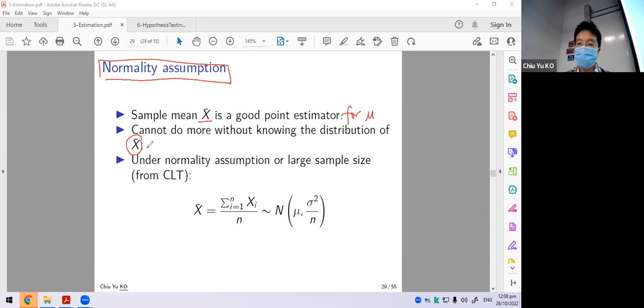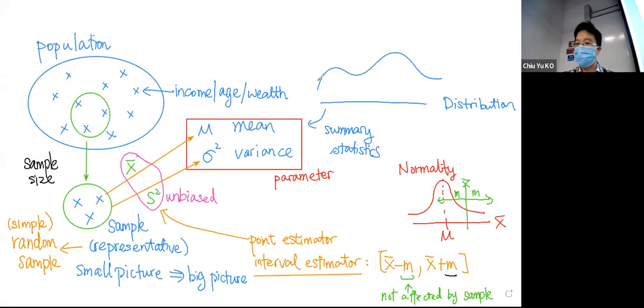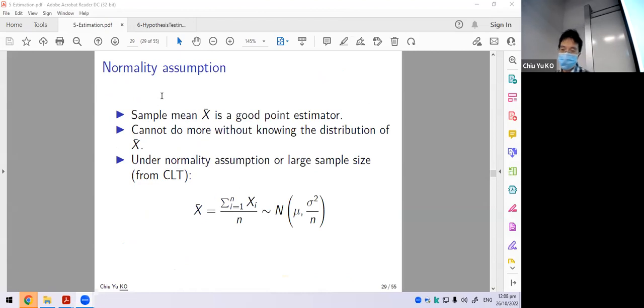That means we need to invoke either the normality assumption, which basically comes from the Bell. The underlying population is a Bell, right? Just to remind you, these guys are a Bell. If the original population is a Bell, then you will satisfy the normality. Or if you are looking at a very large sample, by the central limit theorem, this also holds.